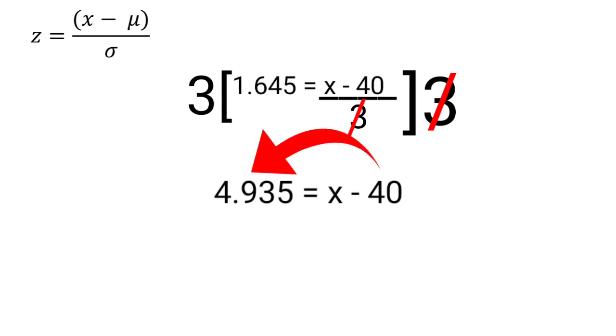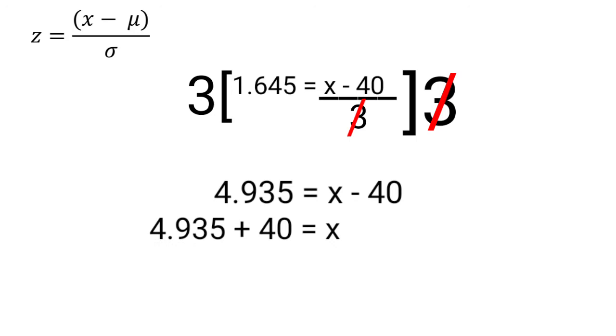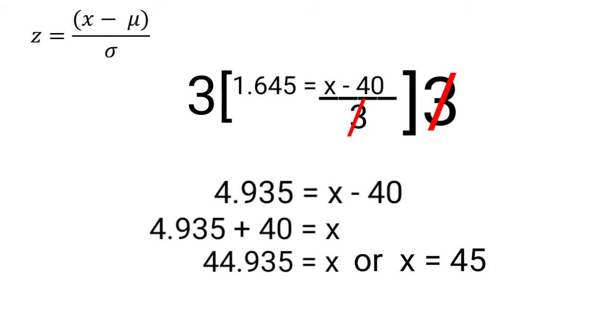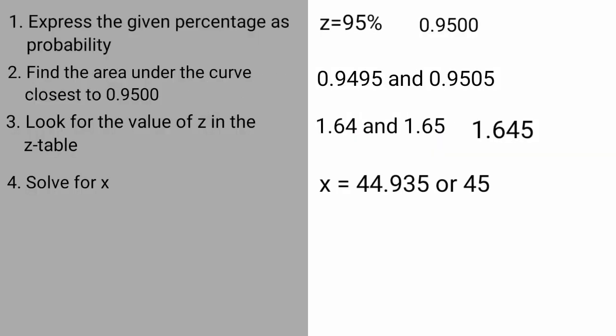We'll transpose 40 to the other side to isolate x. Add 40 to 4.935 and we'll get 44.935. Since we're looking for a score in an exam, we can round this off to the nearest whole number and we'll get 45, but this is not necessarily needed, it's on a case-to-case basis.